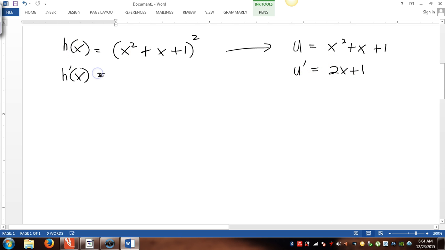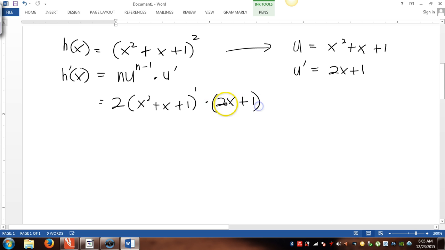So the formula is h prime x equals n u to the power of n minus 1 times u prime. We use this chain rule formula and substitute all the given information. n equals 2, u equals x squared plus x plus 1, to the power of n minus 1, so 2 minus 1 is the power of 1, times u prime, which is 2x plus 1.